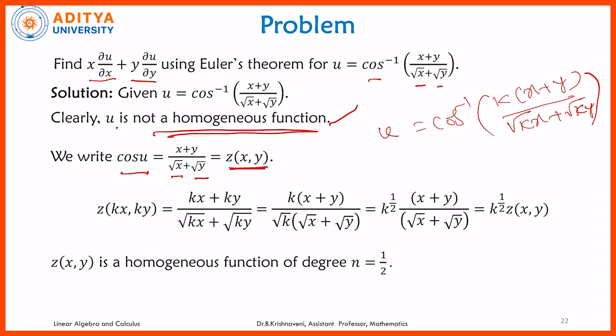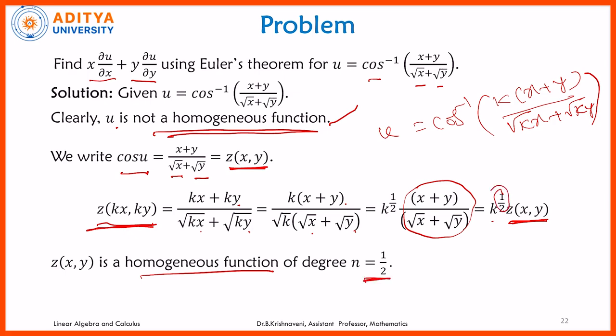Now apply on z whether it is homogeneous or not, that is z(kx, ky) = (kx + ky)/(√kx + √ky), which is equal to k(x + y)/(√k(√x + √y)), which is equal to k^(1/2) (x + y)/(√x + √y). What is this? It is k^(1/2) into z(x, y). So that means z is a homogeneous function of degree n = 1/2.